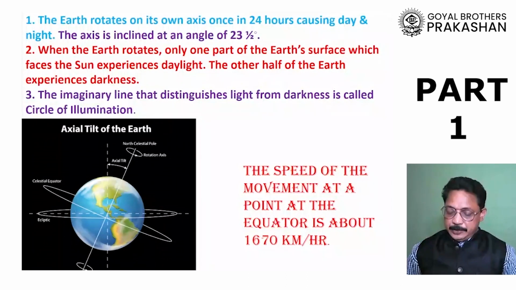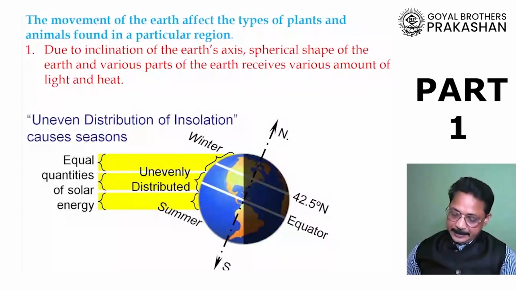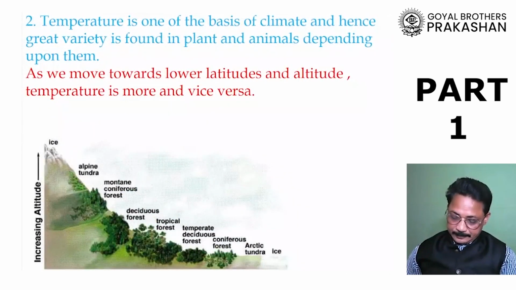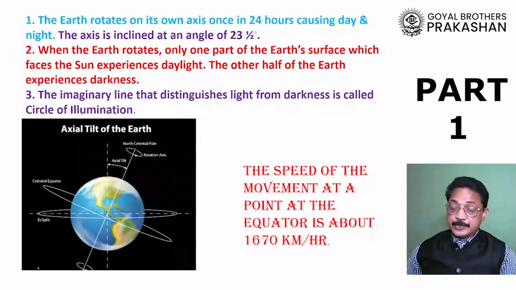Now this imaginary line, dear students, that separates the part of the earth which is in sunlight from the part which is in darkness, here will be night, here it will be day. This line is circular and it is called the circle of illumination.